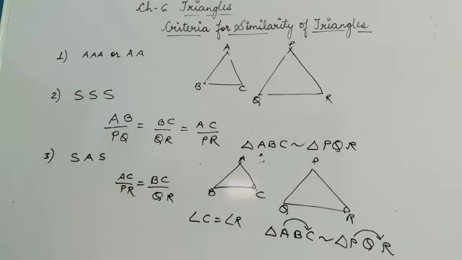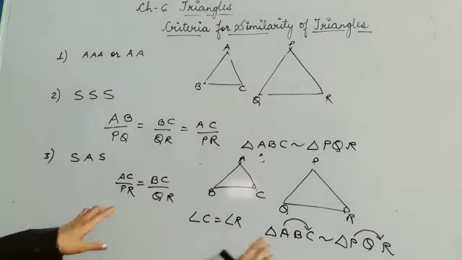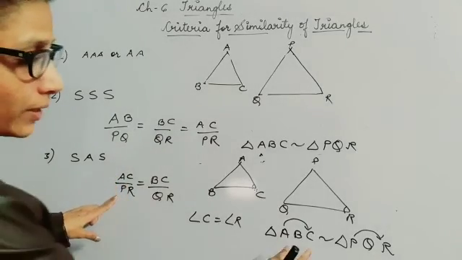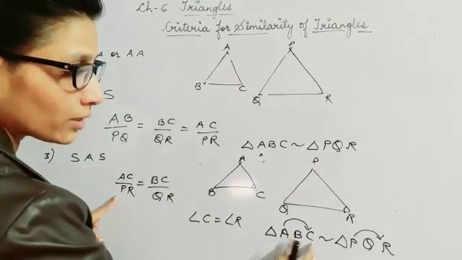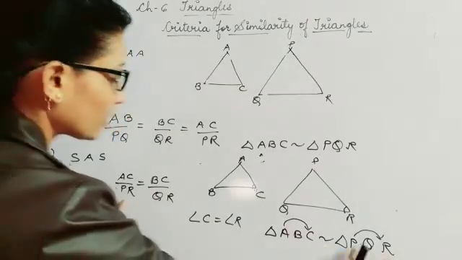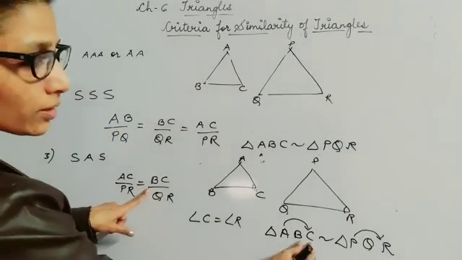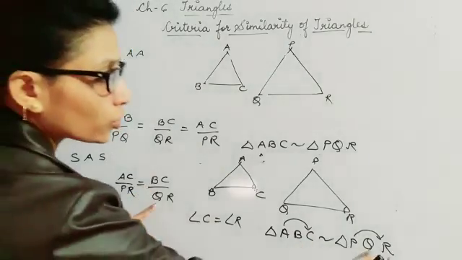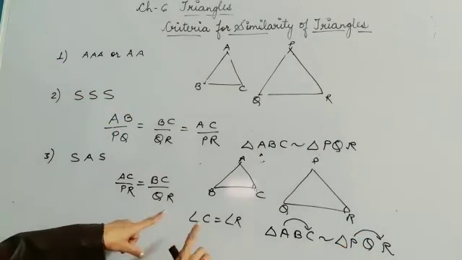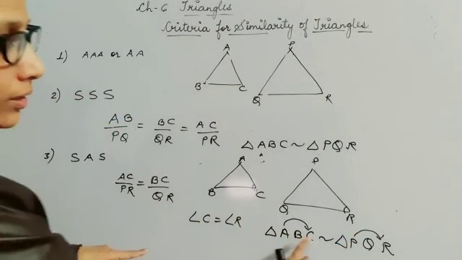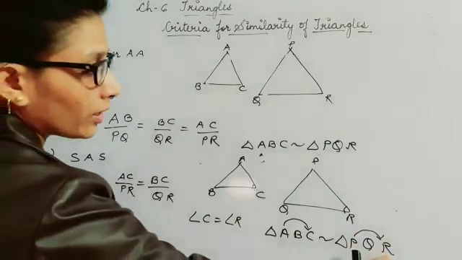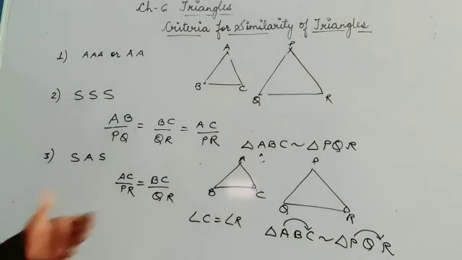You can always cross check it. Here it is written AC by PR, AC the first and the last term, PR the first and the last term, BC that means the last two terms, here again it is QR. So we are correct. And here angle C equal to angle R, that means this is at the third position and this is again the third position. So here we will be writing triangle ABC is similar to triangle PQR.